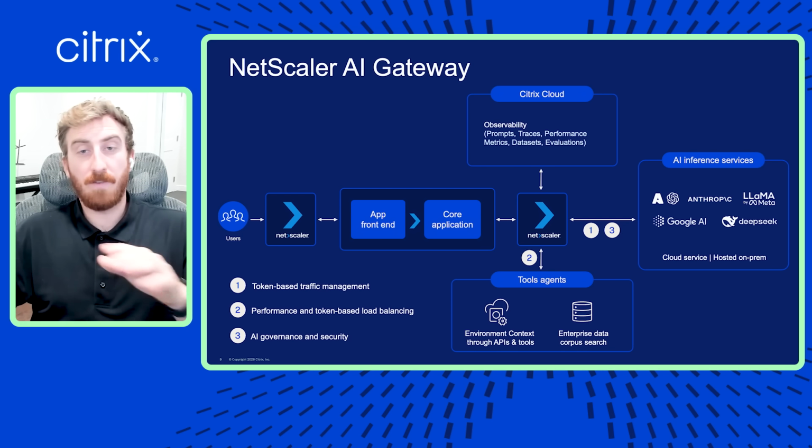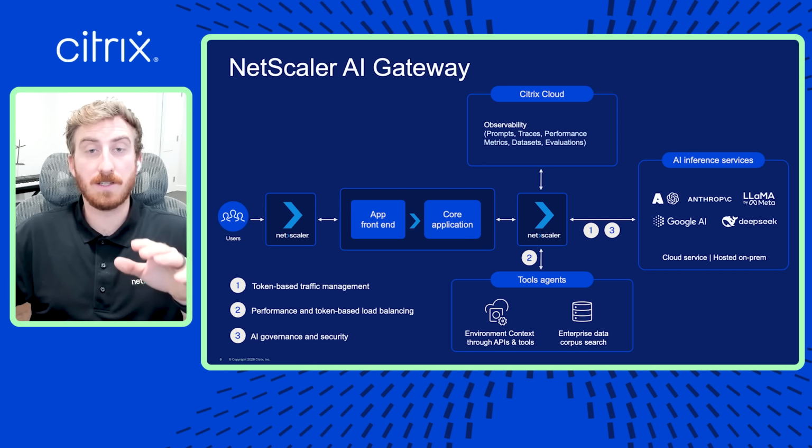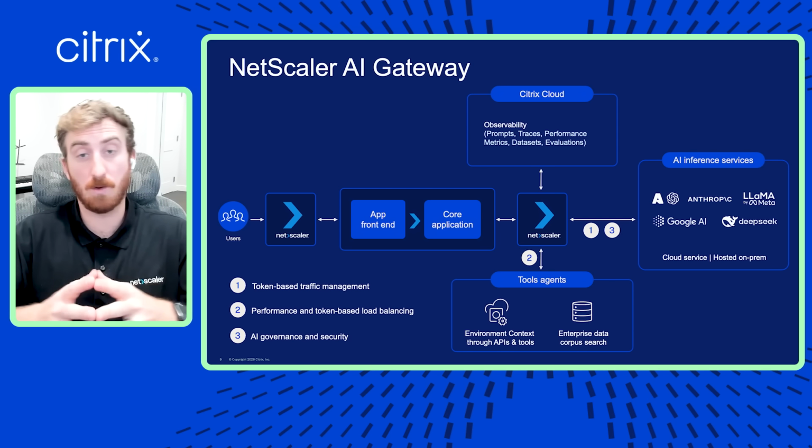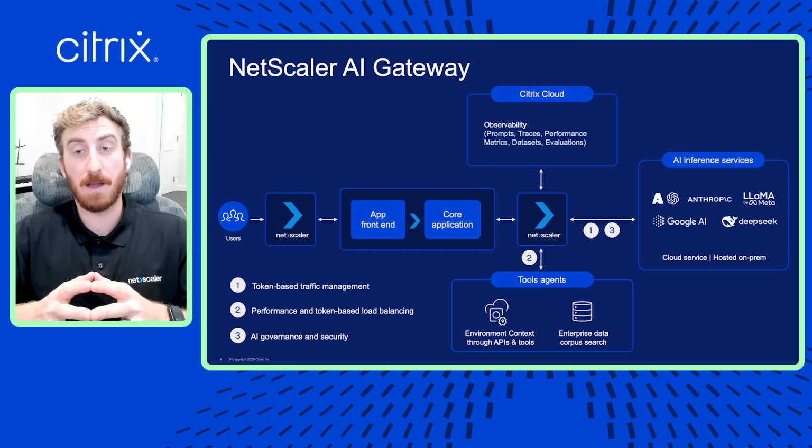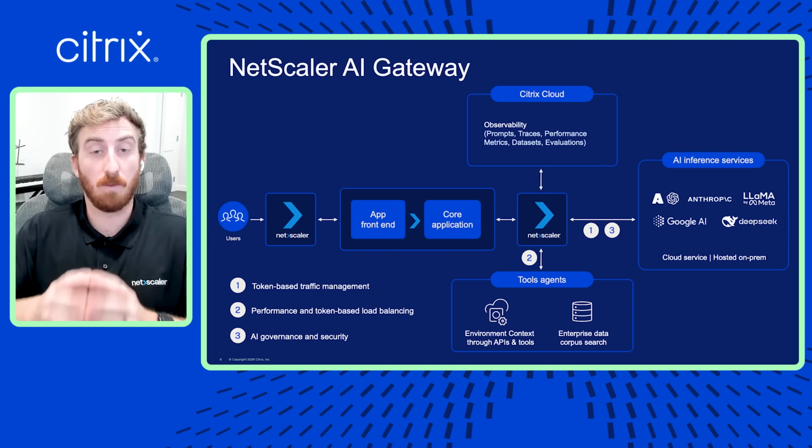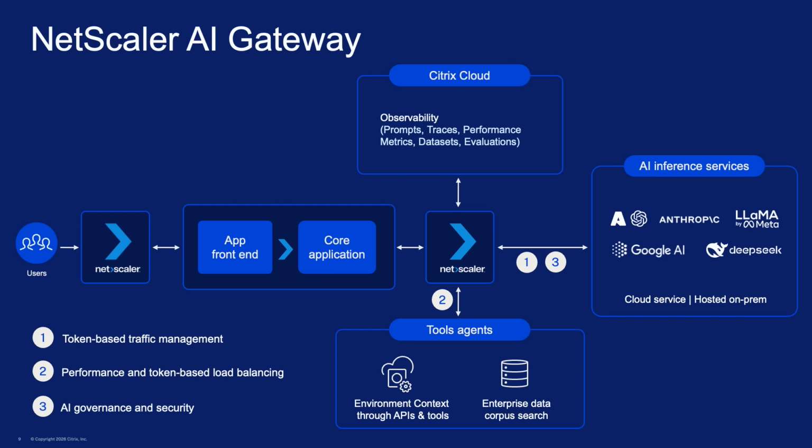And then for this final use case, we're going to focus on governance and security, which are especially critical as AI is becoming embedded in regulated or sensitive workflows, or even both. Now, NetScaler AI Gateway enables prompt templating, allowing organizations to control how AI is used by design. This ensures AI responses stay within approved boundaries.